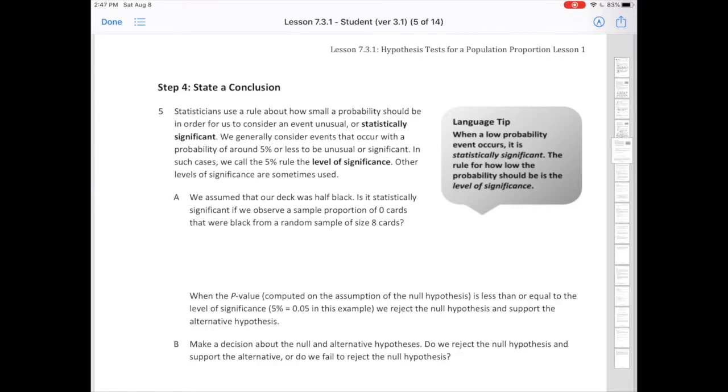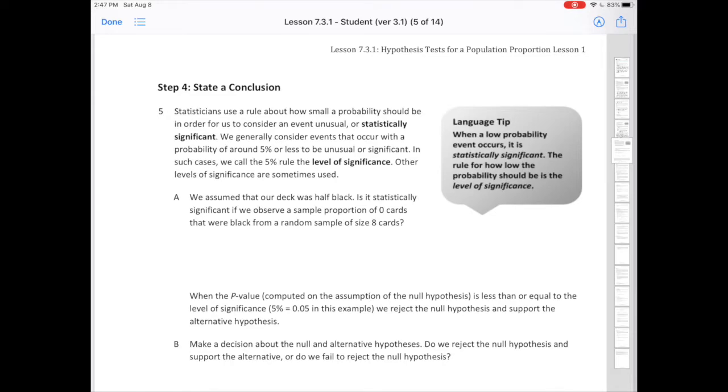Now, this isn't a subjective thing, okay? You might wonder, what if one statistician thinks that something is unlikely and another one doesn't? It doesn't really work like that. We all agree on the same number, or we just say the number as we give the problem, okay?